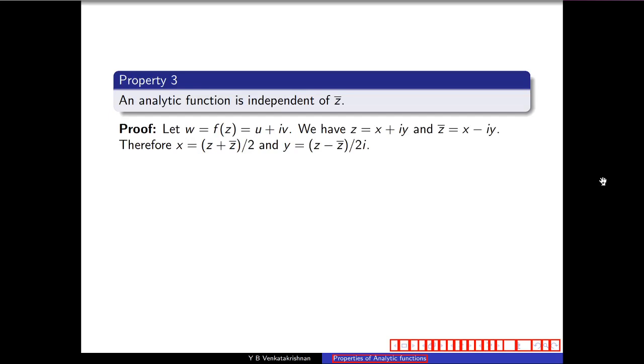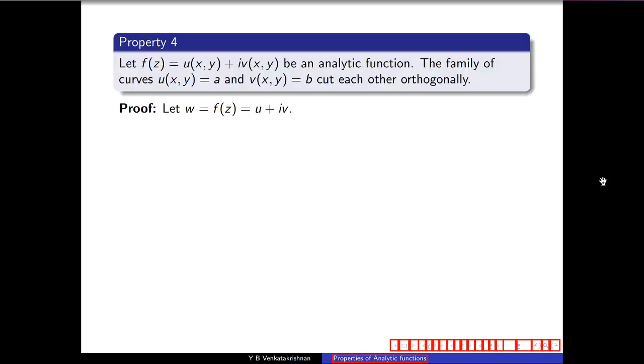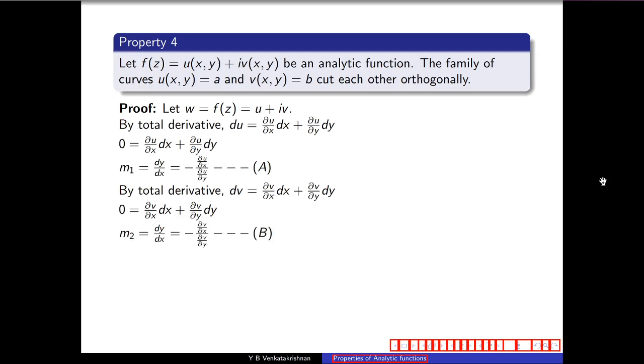The third important property is that an analytic function is independent of z bar, and the fourth one is that the family of curves u is equal to a and v is equal to b, where u and v are the real and imaginary parts of an analytic function, cut each other orthogonally.